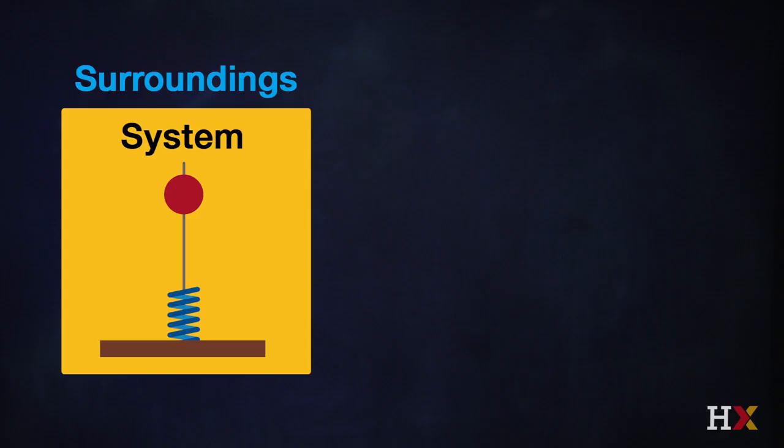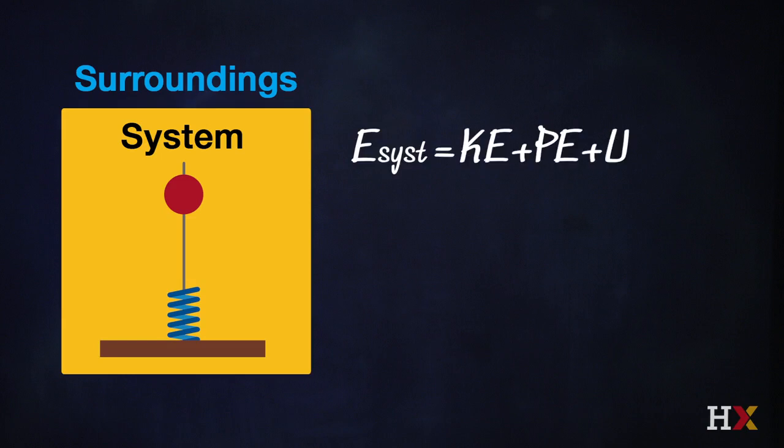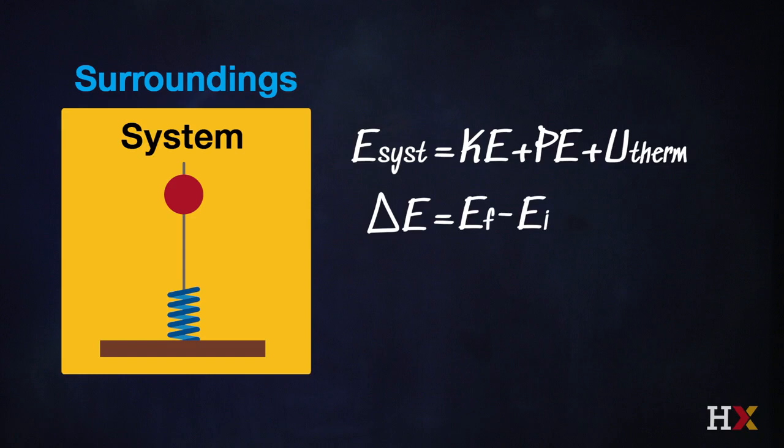But let's pursue our system for just another moment. We know that the energy of this system of the oscillating ball on the rod and the return spring can be represented as our kinetic energy plus the potential energy plus the thermal energy. So the change in energy is equal to the final energy minus the initial energy.